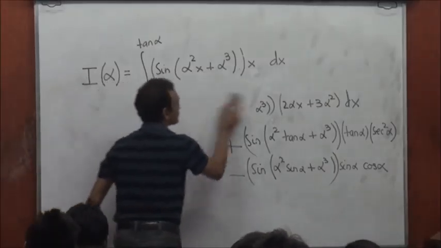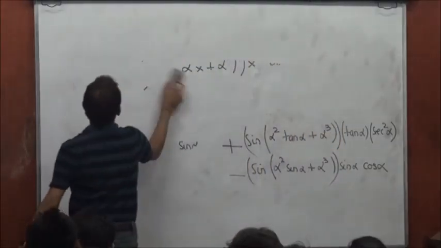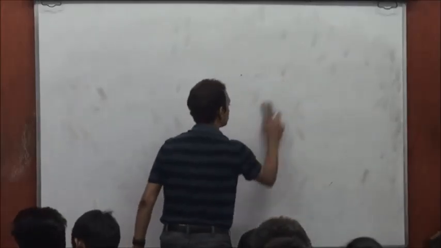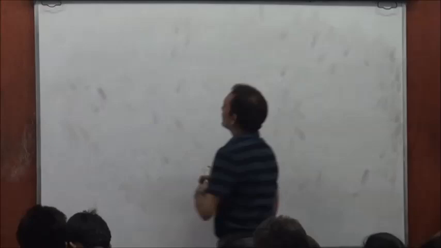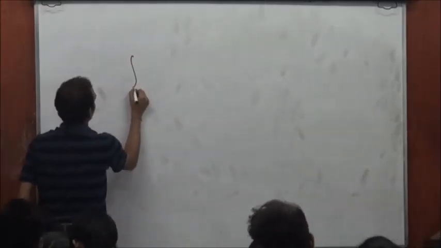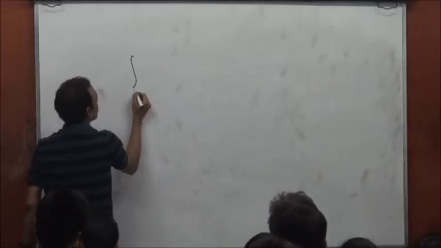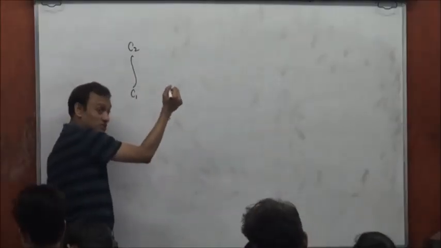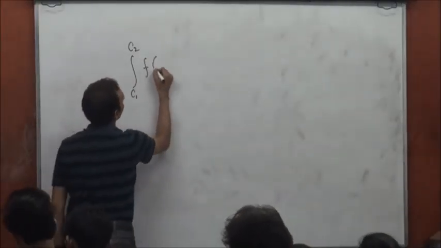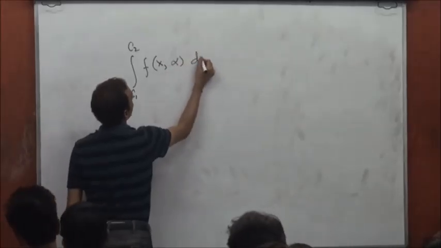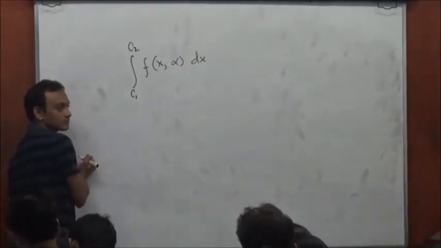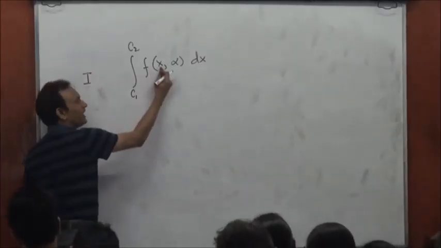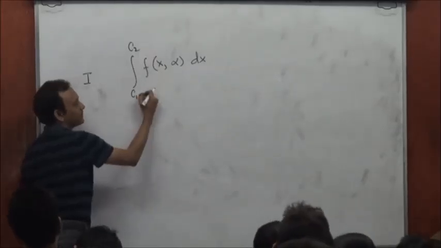So now, say, if I had the integral from some constant C1 to C2, which does not depend on alpha, of f of x comma alpha dx, then obviously when I integrate with respect to x, I replace x by C2, then I replace by C1 and subtract.